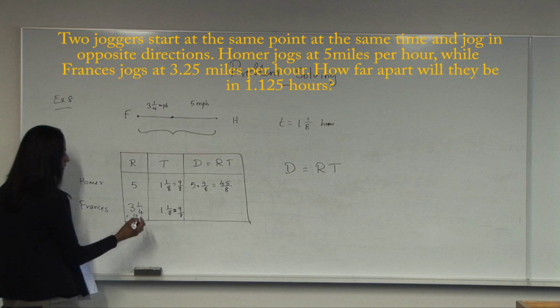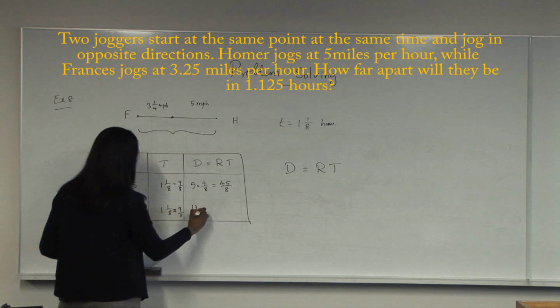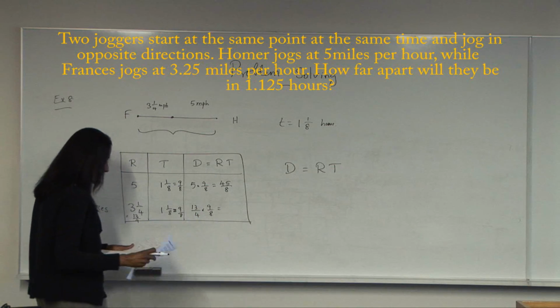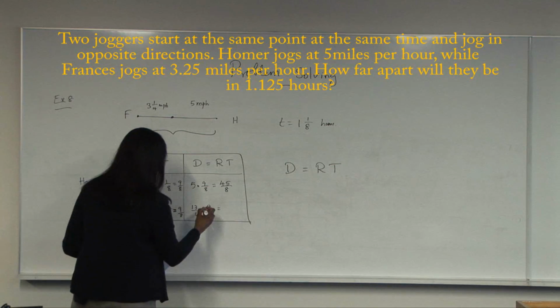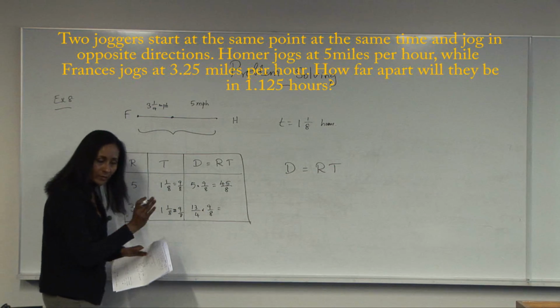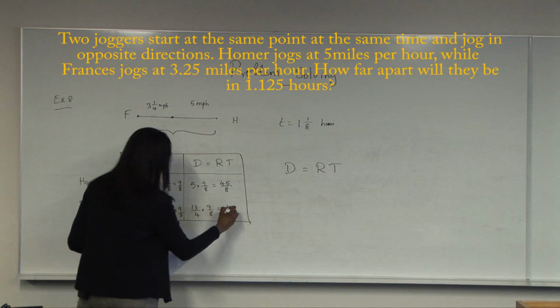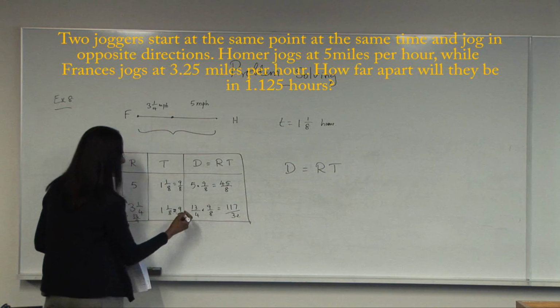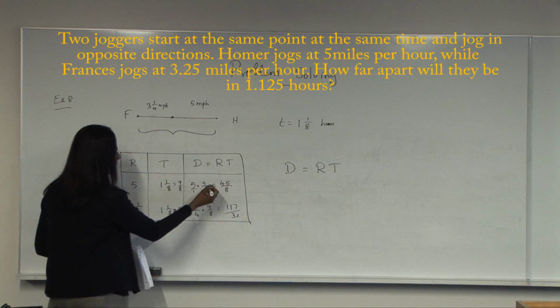Correct? So 13/4 times 9/8. Whenever you multiply fractions, you multiply across. So that's going to be 117 over 32. This times this, this times this.